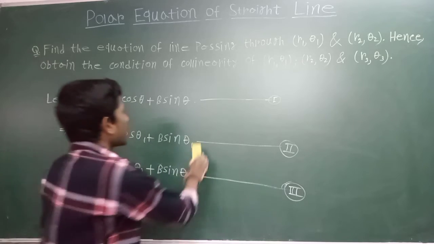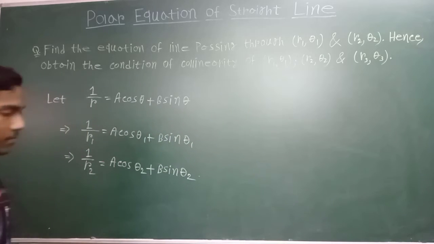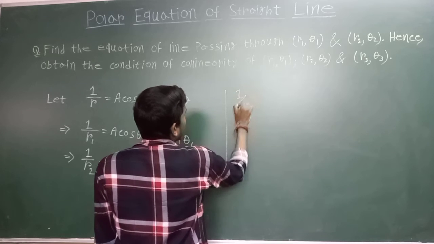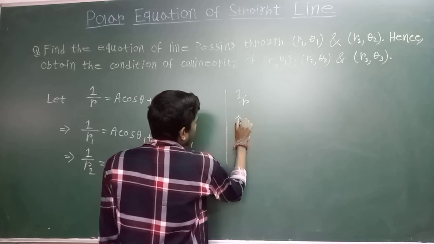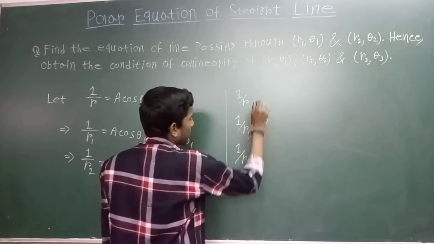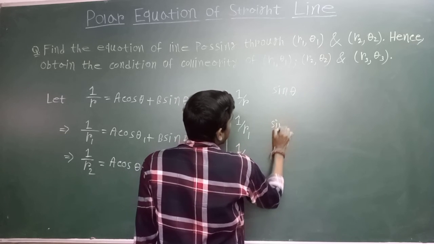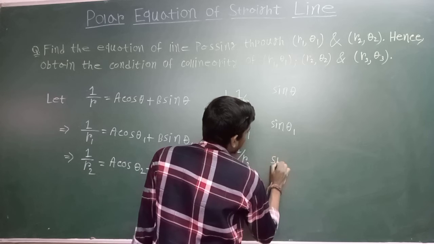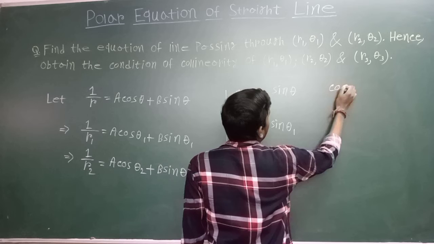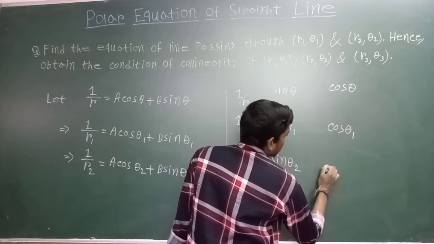So we will write the determinant: 1 by r, 1 by r1, 1 by r2; sin theta, sin theta 1, sin theta 2; and cos theta, cos theta 1, cos theta 2.